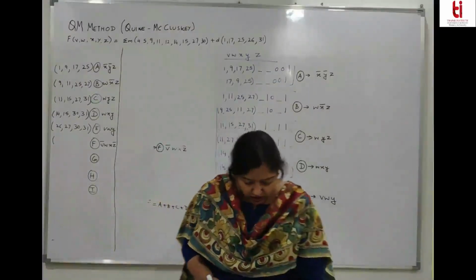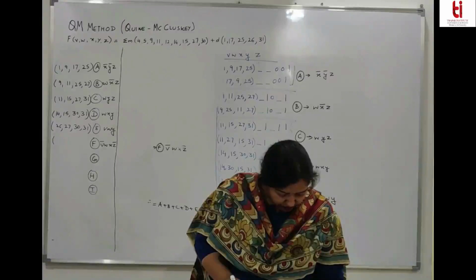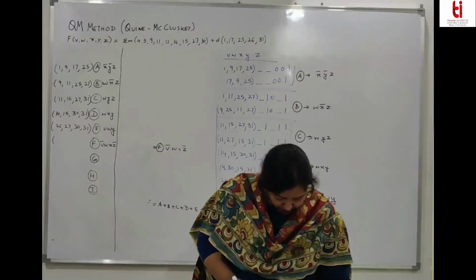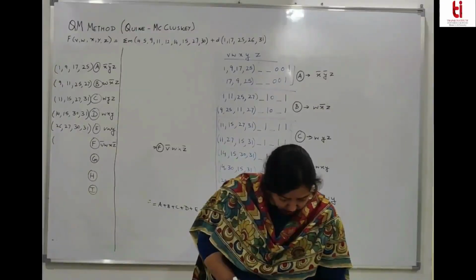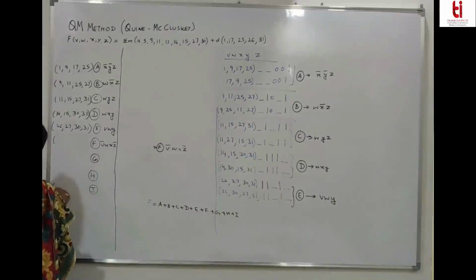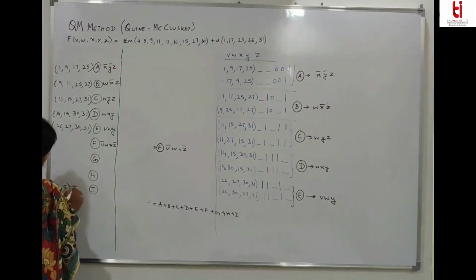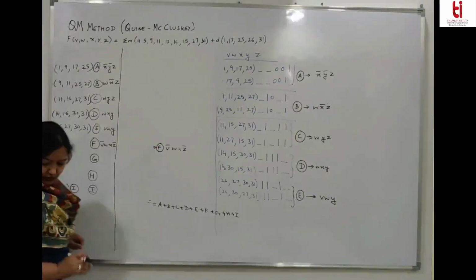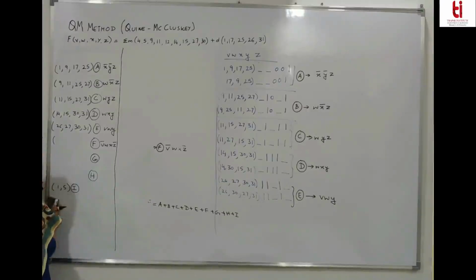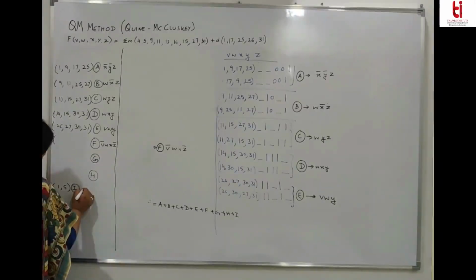What are those terms? One is 1, 5. And this is I. And how do you represent 1, 5?